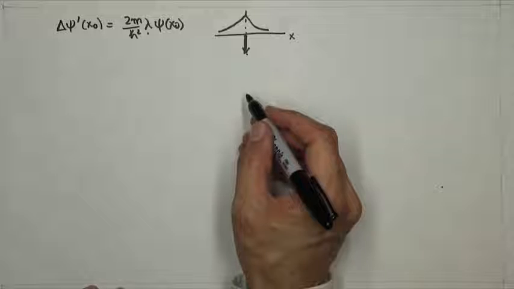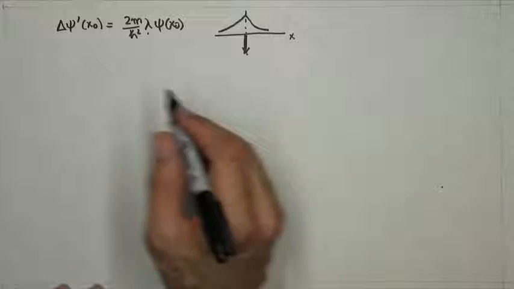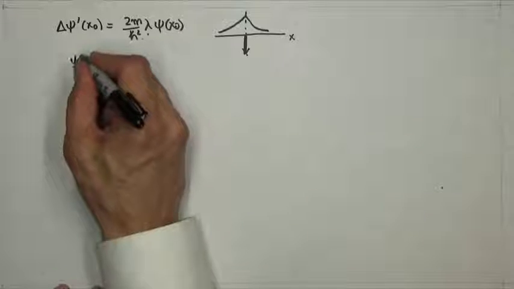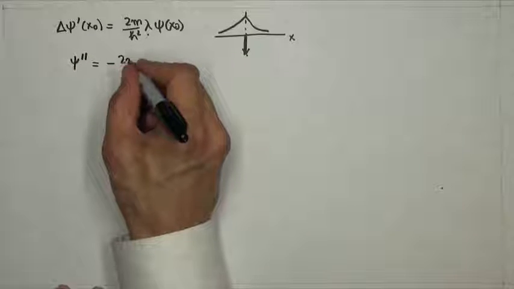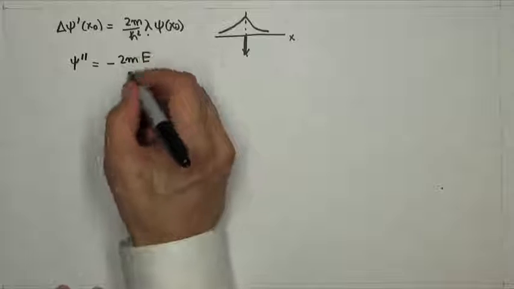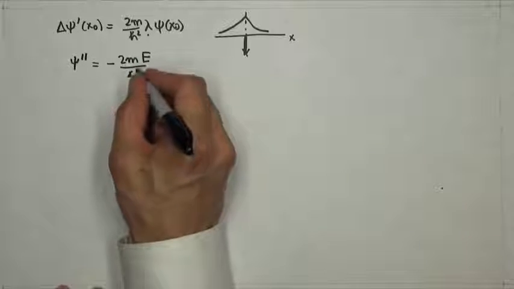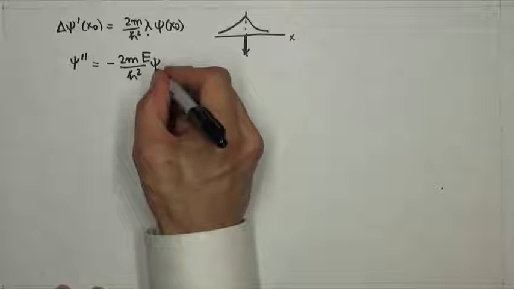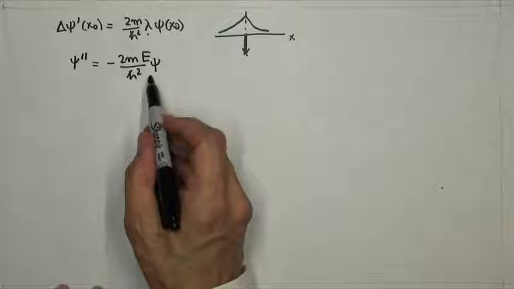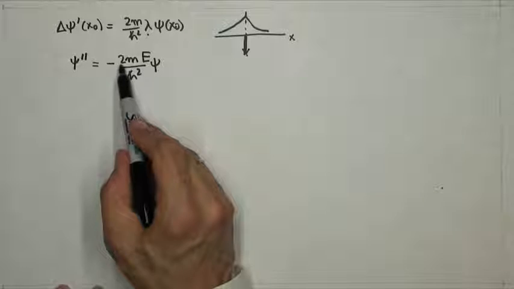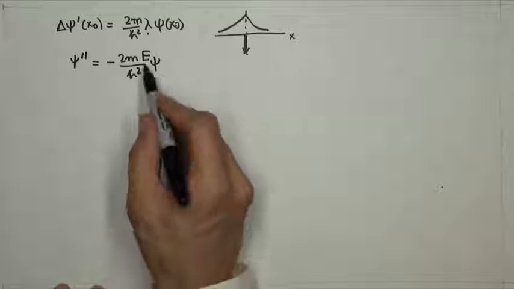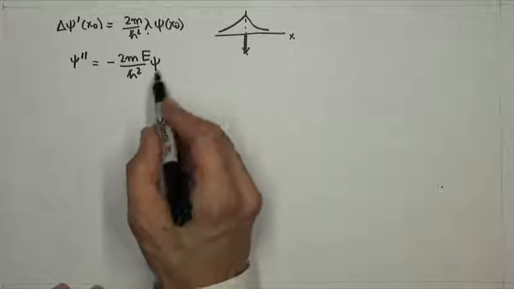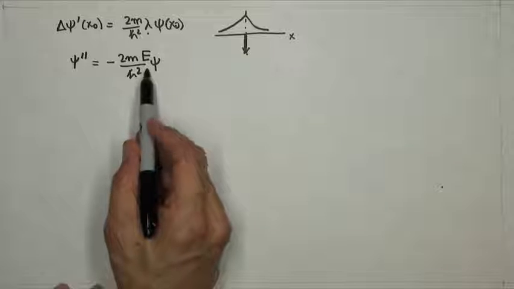So the Schrödinger equation becomes simply psi double prime is equal to minus 2mE over h squared psi. We took the 2m over h squared to the other side. There's no potential, and you have psi again. So this is a rather simple equation.